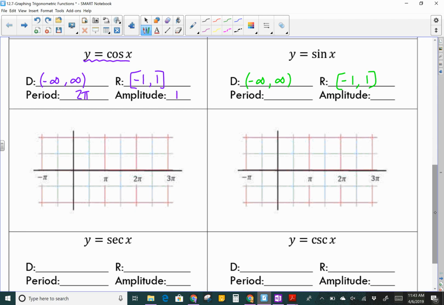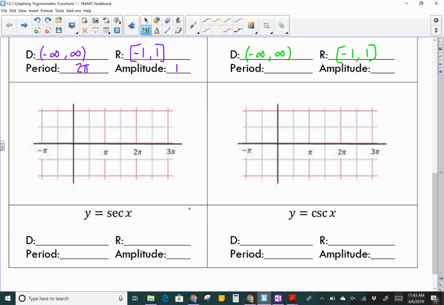All right, so my secant graph, if you remember, it's 1 over the cosine, okay? Then it has the same key points as the cosine function, which means that I started at a max, I ended at a max, halfway between was a min, and halfway between the max and min are zeros. So I'm going to fill up the graph as if I am drawing the cosine curve.